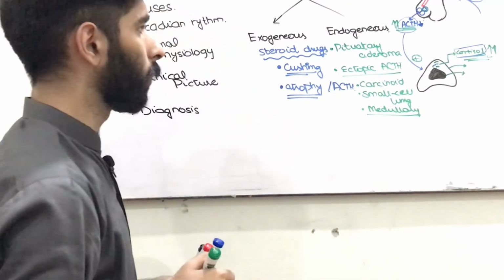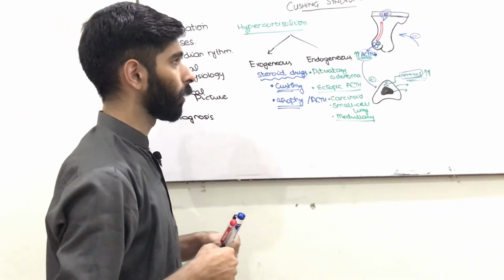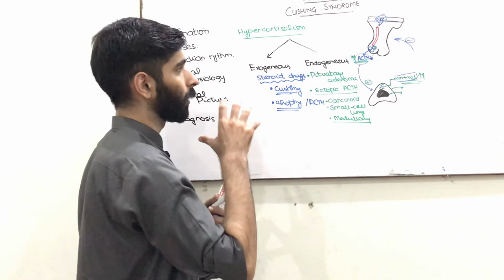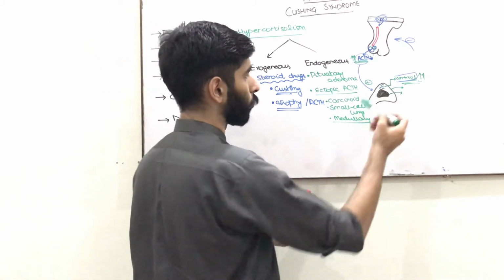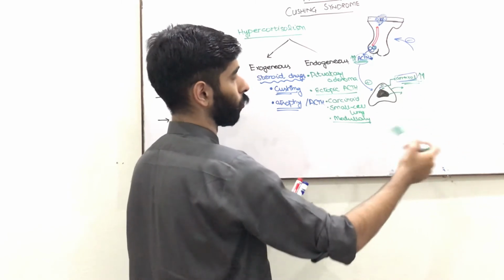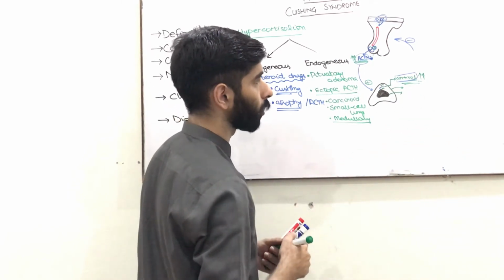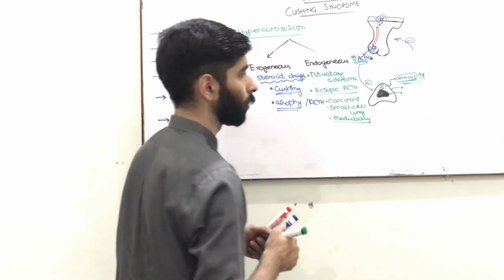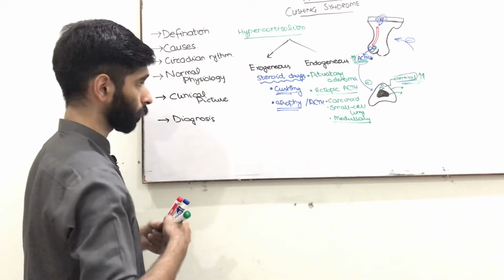In these syndromes, there is ectopic production of ACTH. When there is more ACTH, it will act on the zona fasciculata and stimulate the production of cortisol. So there will be more production of cortisol, and hence it will lead to Cushing syndrome.